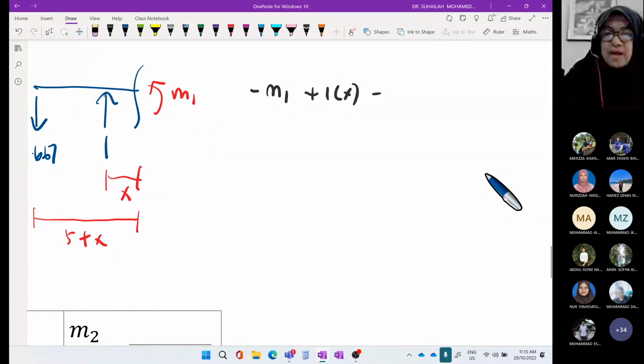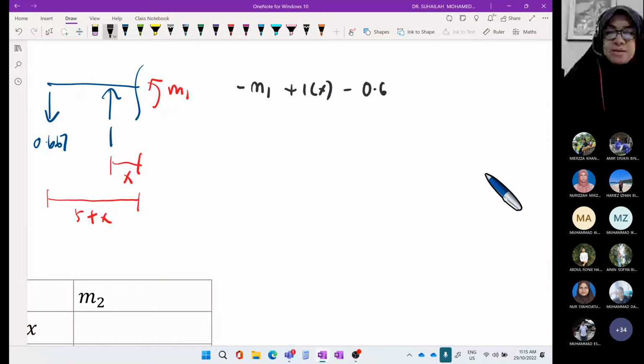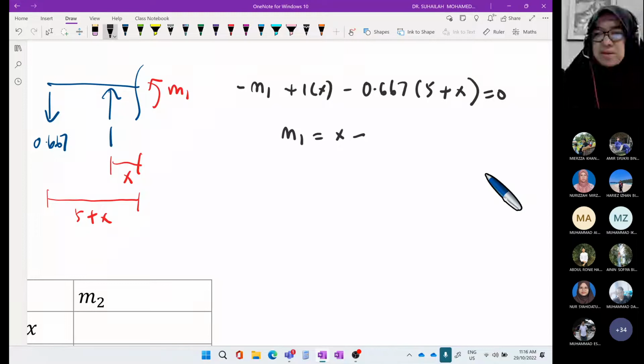minus 0.667 times 5 plus X. So we get M1 equal to X minus, please calculate 0.667 times 5 equal to 3.335. 3.335 ya. Okay, minus 0.667x.